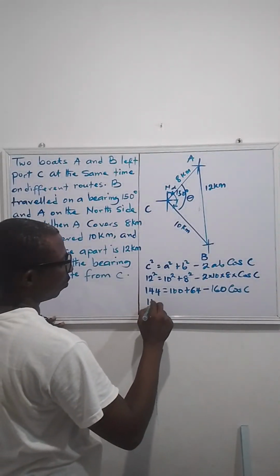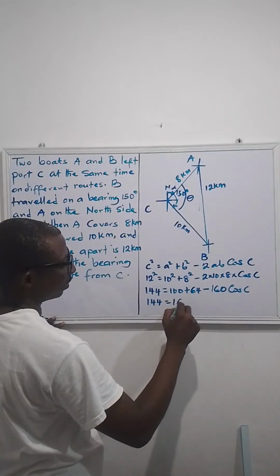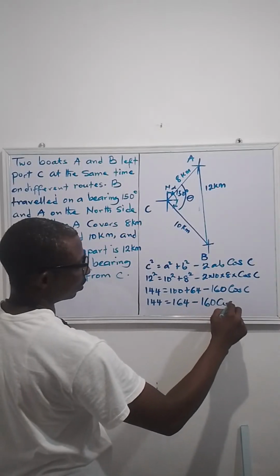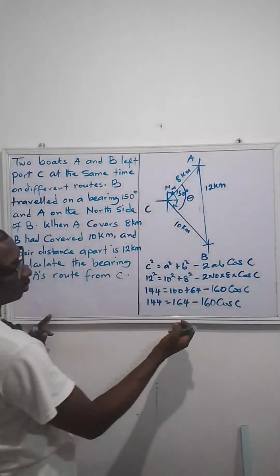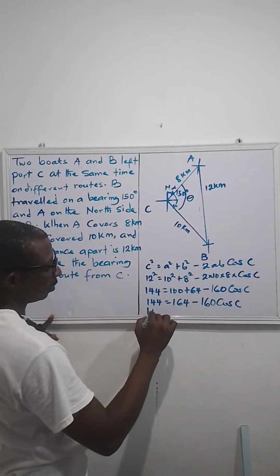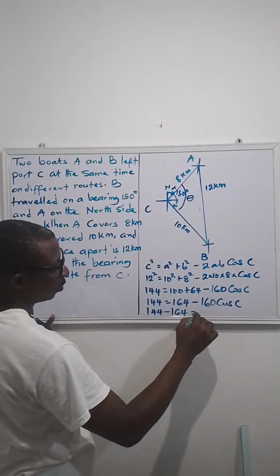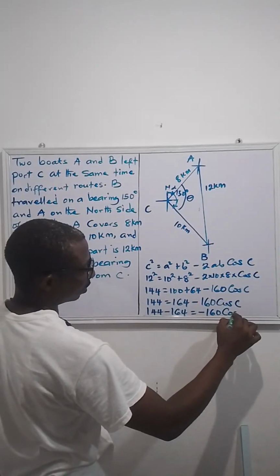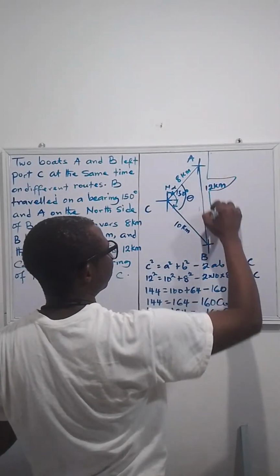We have 144 equals 164 minus 160 cos C. Now let us transpose this 164. So we have 144 minus 164 equals negative 160 cos C.